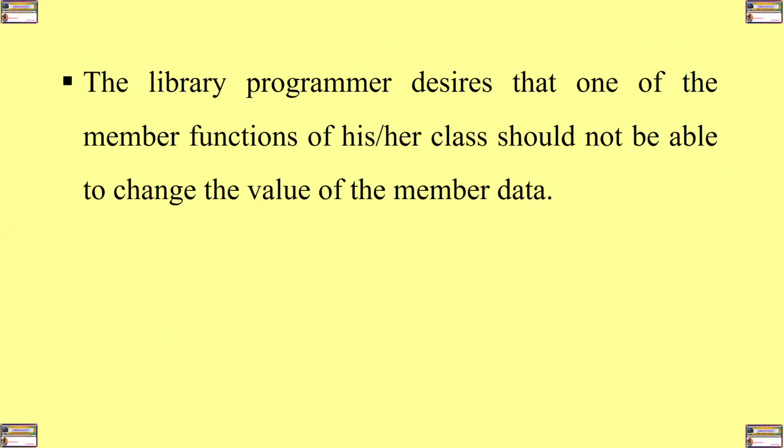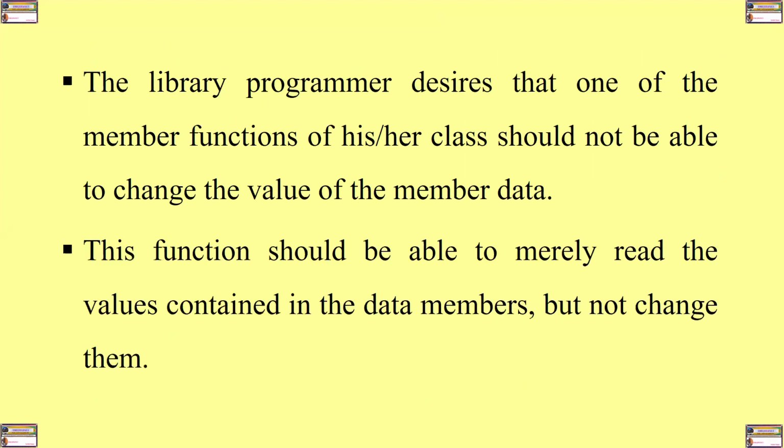The library programmer desires that one of the member functions of his or her class should not be able to change the value of the member data. This function should merely read the values contained in the data members, but not change them.